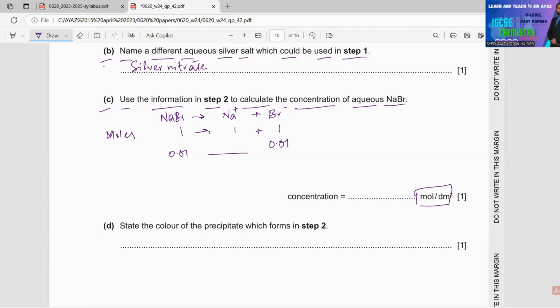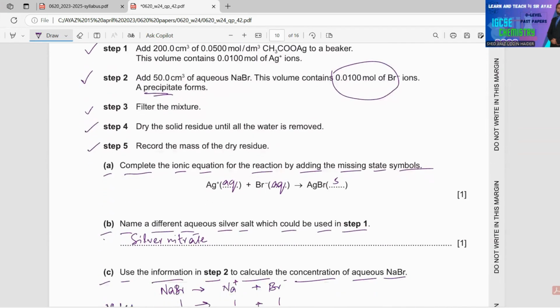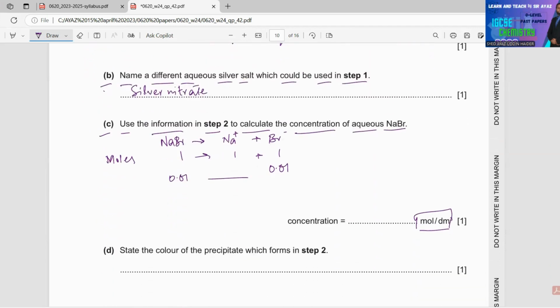Now, what about the volume? Volume is given, they said 50 cm cube. So 50 cm cube contains 0.01 mole. I'm finding the concentration of NaBr here. So 50 cm cube contains 0.01 moles. Therefore, 1000 cm cube contains X moles.